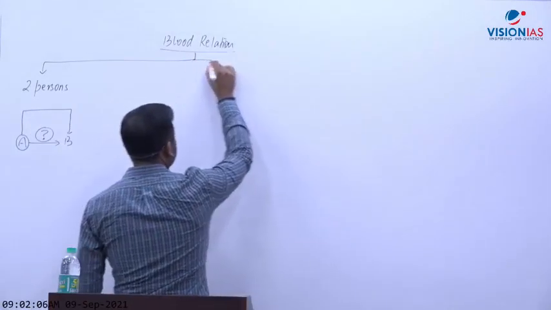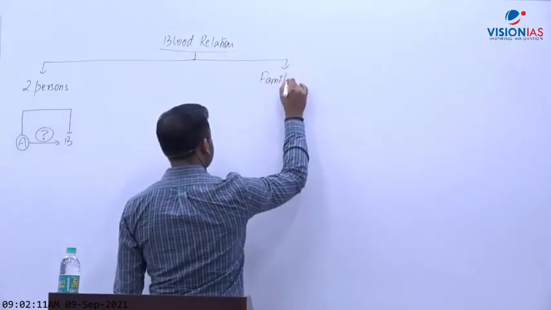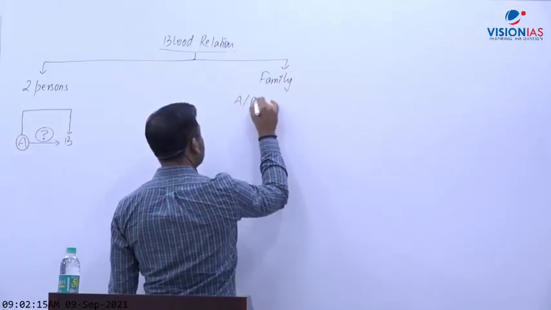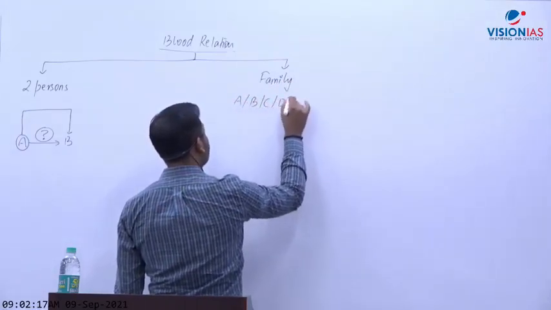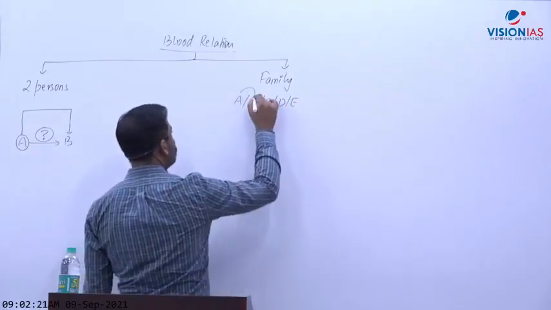In case number 2, this is called family-based question. Here you will be given that a family consisting of 4 or 5 persons are there, and their mutual relationship will be given.